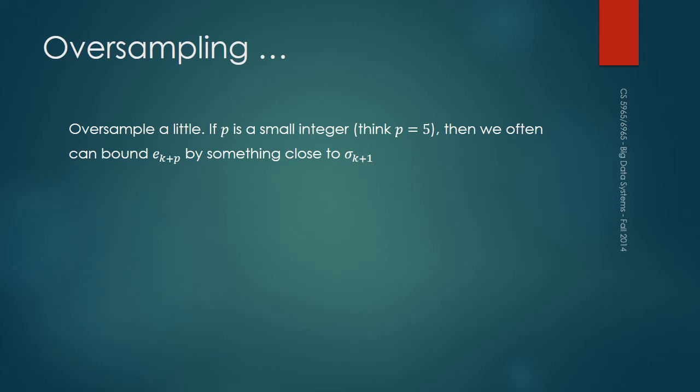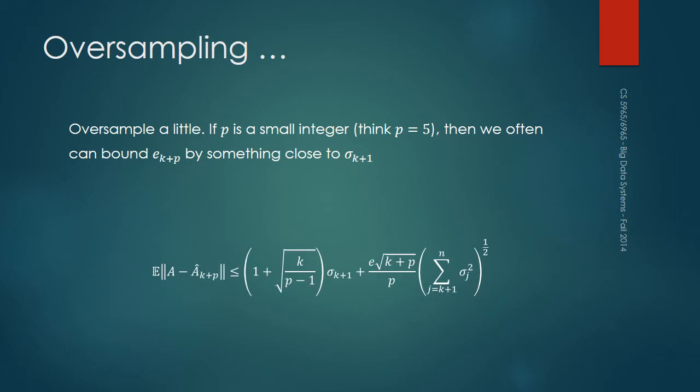and by a little bit it's usually 4 or 5 extra samples. So if P is some small integer, then you can bound EK plus P by something which looks more like this. Try to somewhat ignore the actual values.